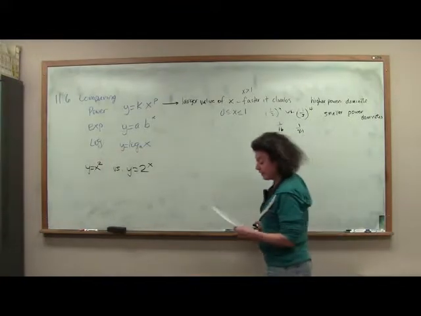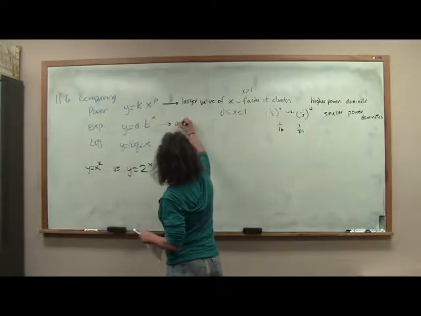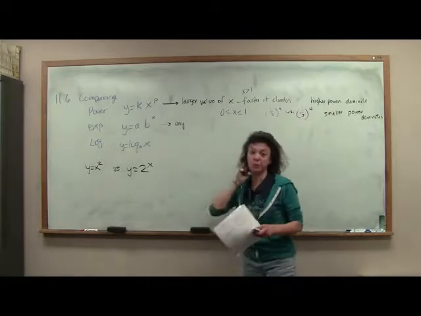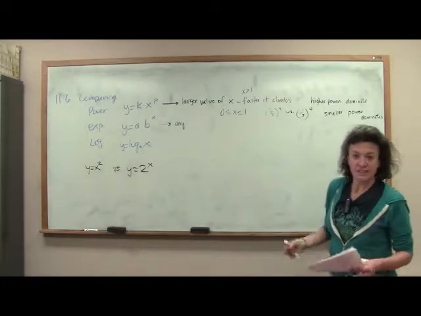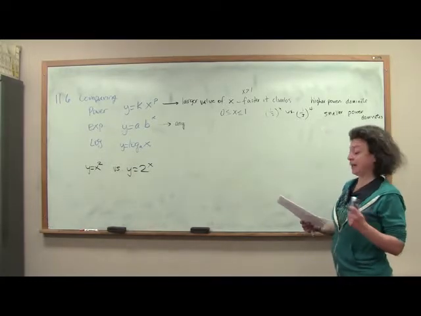Now, for our exponential functions, what I would like to say is as follows. And again, you can read this stuff in your book to get more of the details. Right now, for just the comparisons, I'm just outlining them.